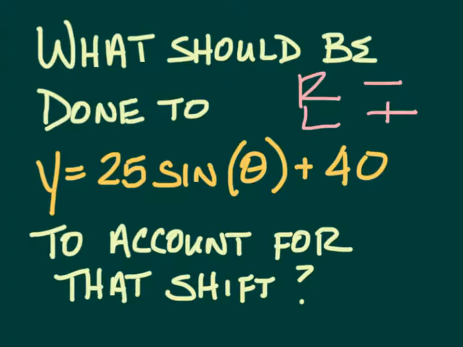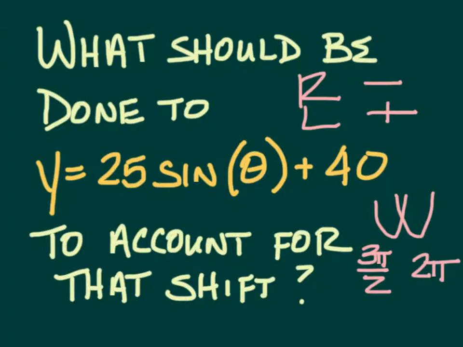There's going to be a minus sign, but now we have to figure out what it is we're putting in. And off camera we looked at that shift. We had a minimum point here, and then we noted that it moved over this way. It was initially at 3 pi over 2, and then it moved to 2 pi.